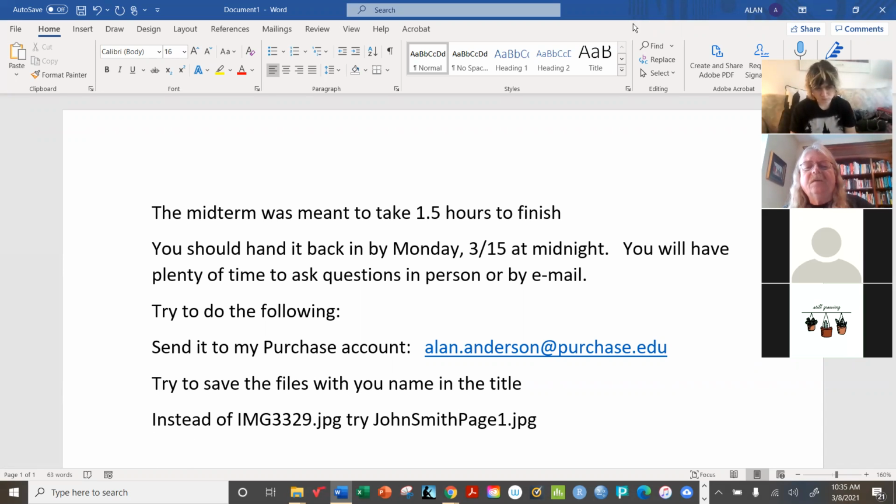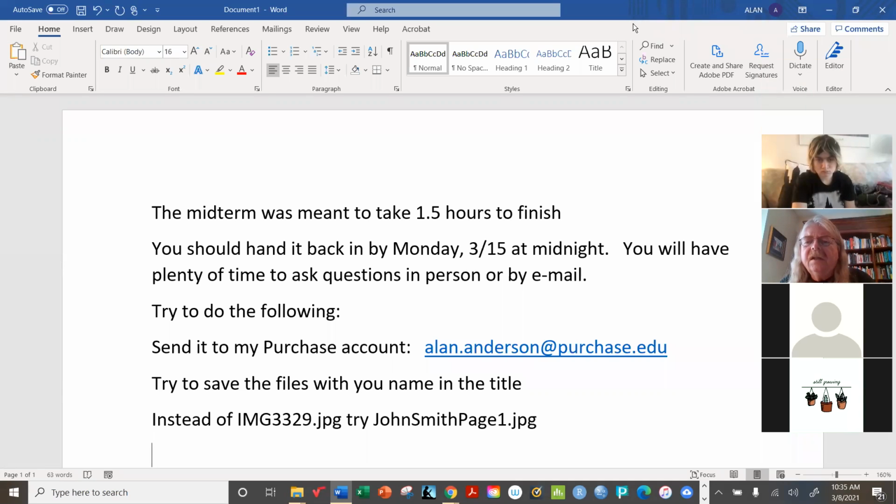It just reduces the risk that I can't figure out who this thing belongs to, because unless your name is on every single page, it's possible for them to get separated. So just try to, to the extent that's possible. And if you forget it, it's okay, because I'll have your original email.